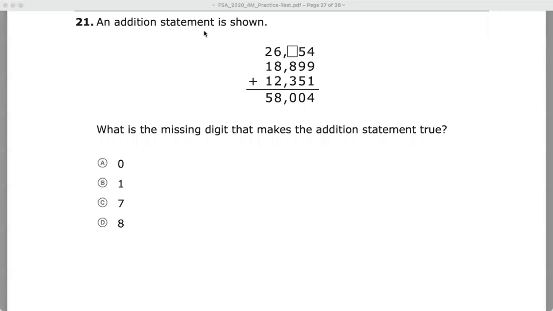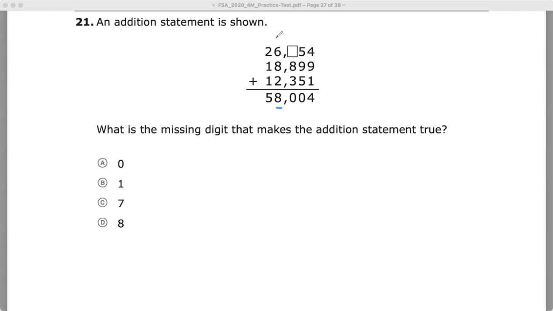Okay, an addition statement is shown and there's a missing digit that goes in this box and they want to know what that number is. So I could look at this number and I see that 2 plus 8 is 10 plus 6 is 16.